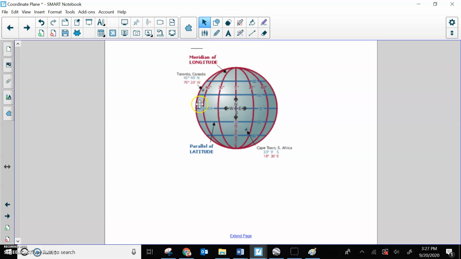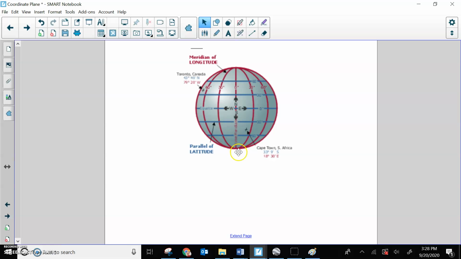So when we are looking at this globe, here's the equator and there are all these lines of latitude going horizontally, each line a single degree away from the next. You can see on this globe most of them will only put a mark at the 30-degree mark because you can't put all of them. There's 30 degrees, there's 60 degrees, and 90 degrees would be way up here at the top.